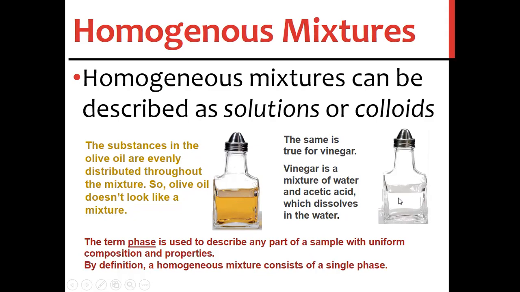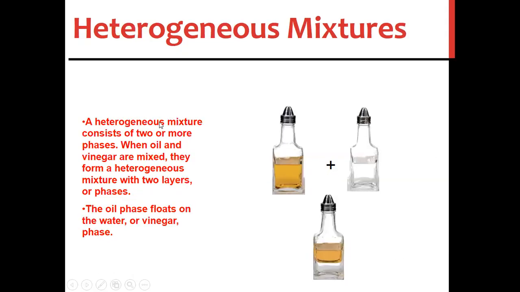Okay, same appearance. The term phase is used to describe any part of a sample with uniform composition and properties. By definition, a homogeneous mixture consists of a single phase. Okay?